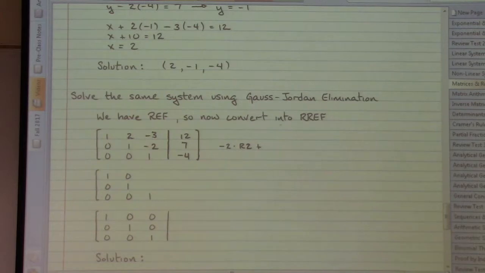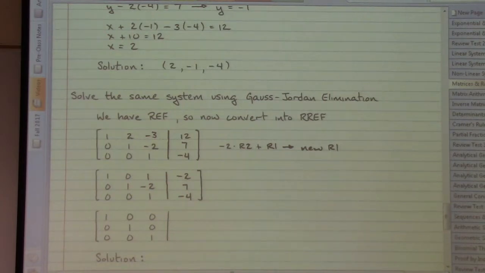I want to do negative 2 times row 2 plus row 1 for a new row 1. So that'll give me the 0 where I want it. Then I'll have a negative 2 times 4 plus a negative 3. I'll have a negative 2 times 7 is negative 14 plus 12. That's a negative 2. And then my row 2 and my row 3 momentarily stay the same.